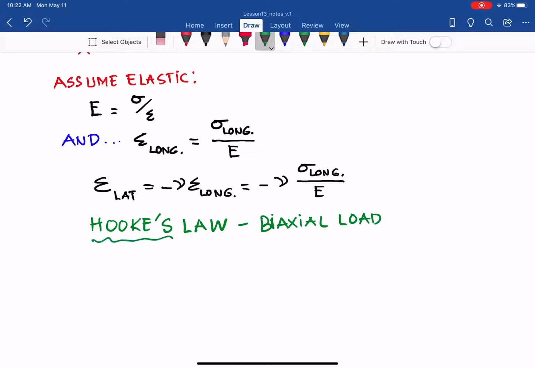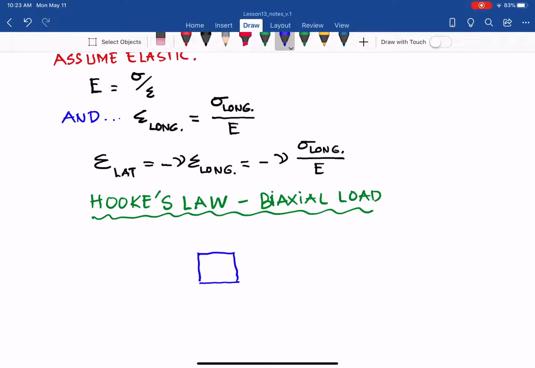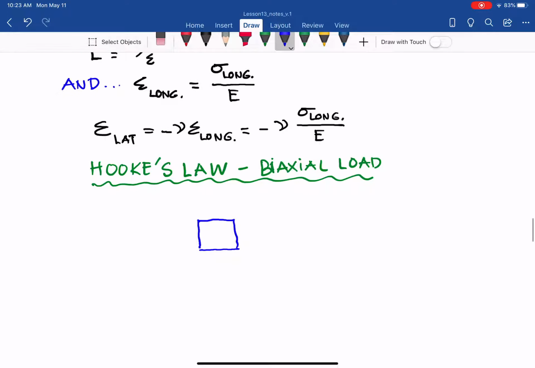If we have a block there, and this block is in tension, for example, then you will see it increase in area, or you can say increase in length in both directions, because it is a biaxial load.